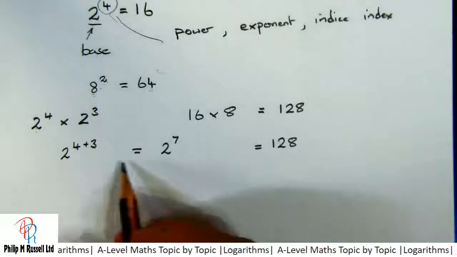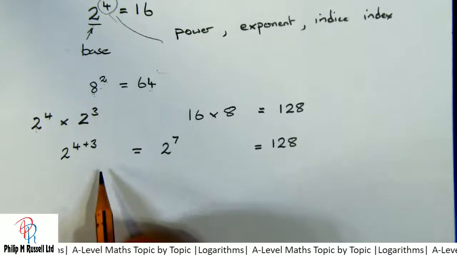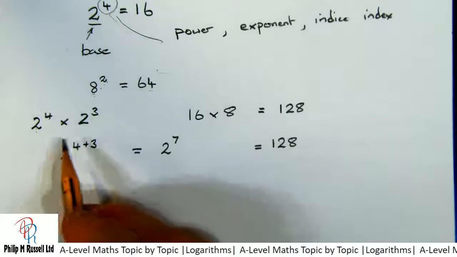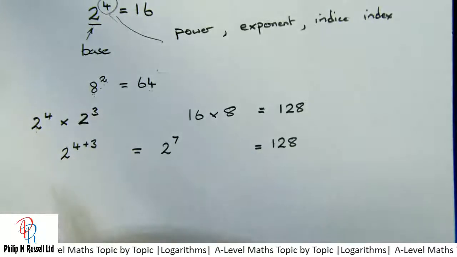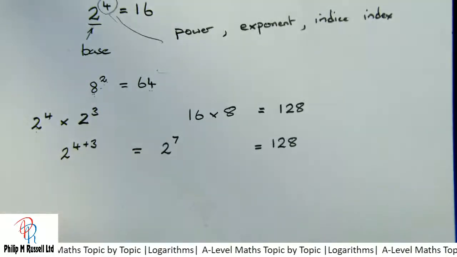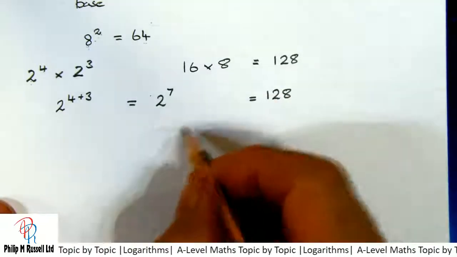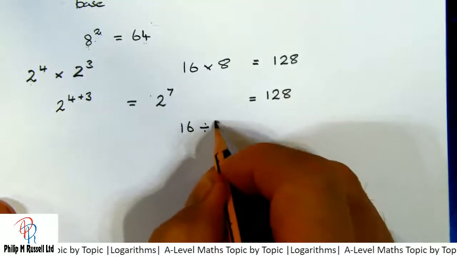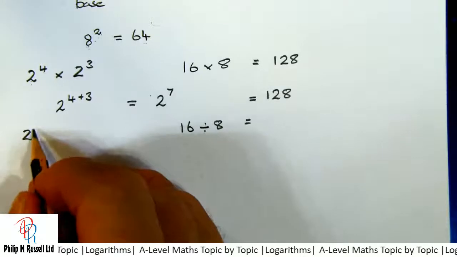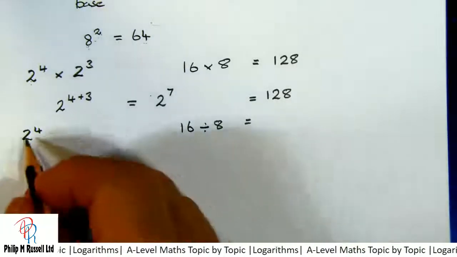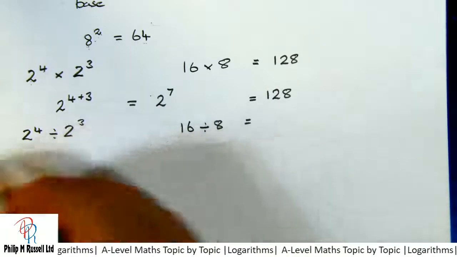Now, what have I done in this? Well, using the rules of indices, we know that when we want to multiply two indices together, we can add them up. If we want to do division, let's suppose we want to do the reverse sum, 16 divided by 8, that would be the same as doing 2 to the 4, because that's 16, divided by 2 to the 3, which is 8.